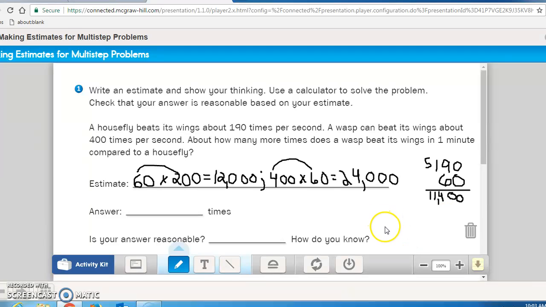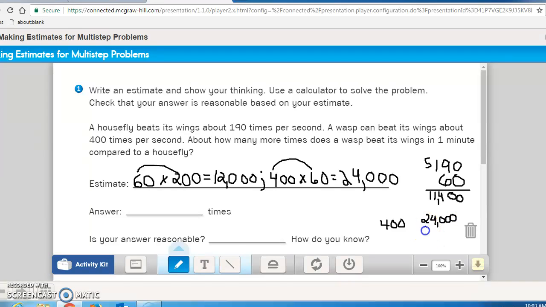And for the next one, I need to take 400 times the 60, which is 24,000. I got a little flustered here with all the interruptions I've been having.